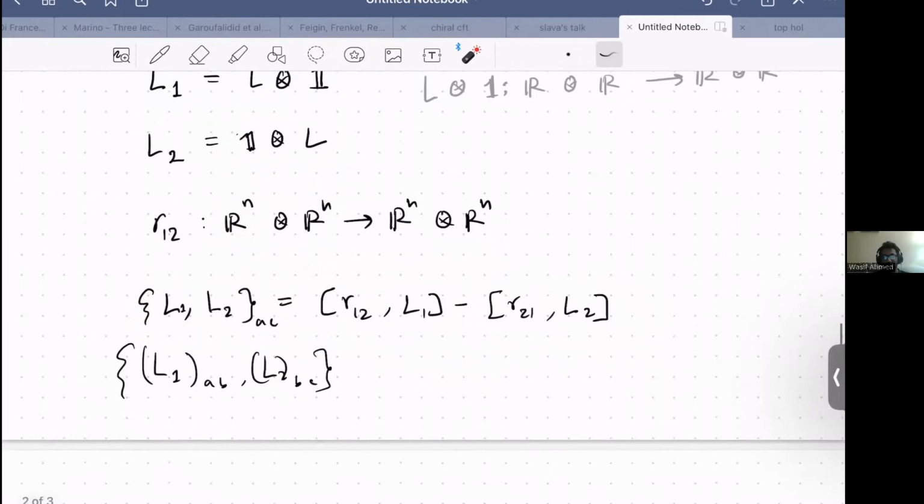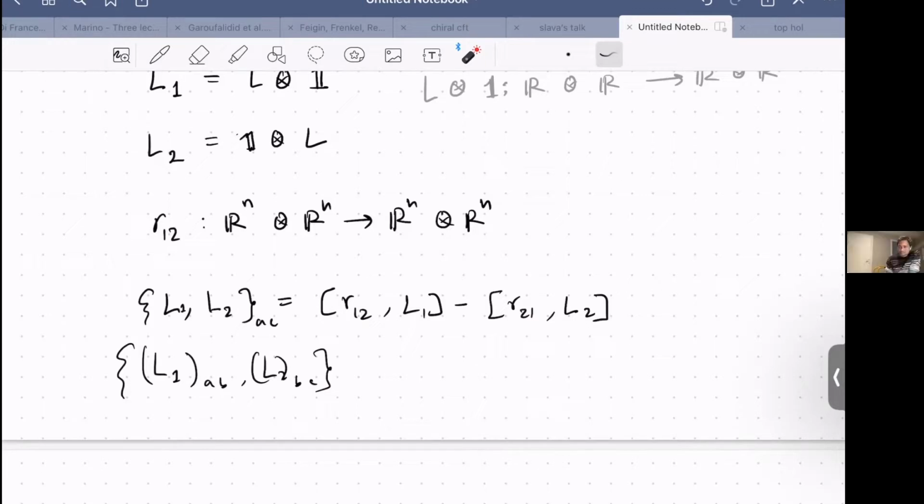I'm sorry, I also have a question. Sure. So R12 and R21 just swap the action on the two Rn's? In most cases that will be true. R12 will be the negative of R21, but a priori it's not necessary. Is it the negative of R21, or just that their action on the two Rn's is swapped?